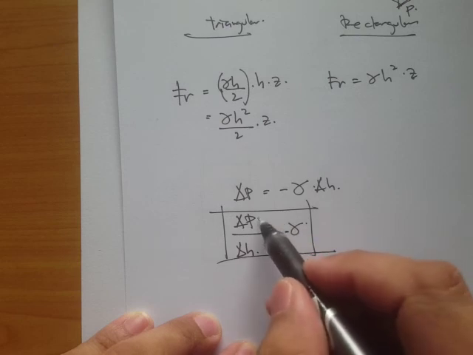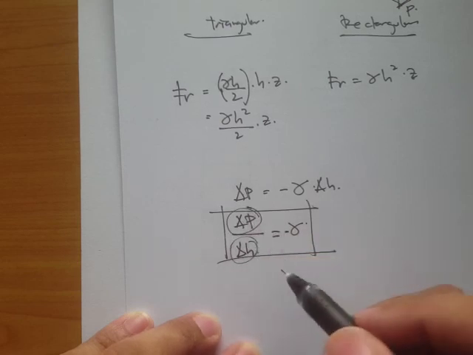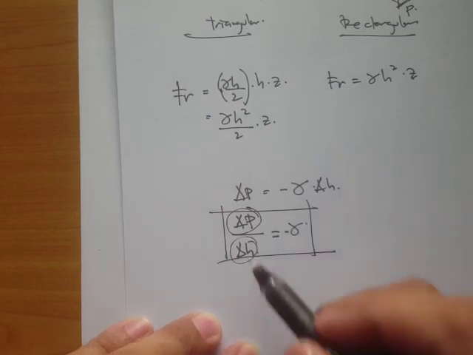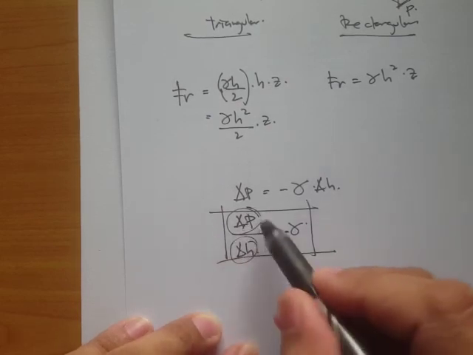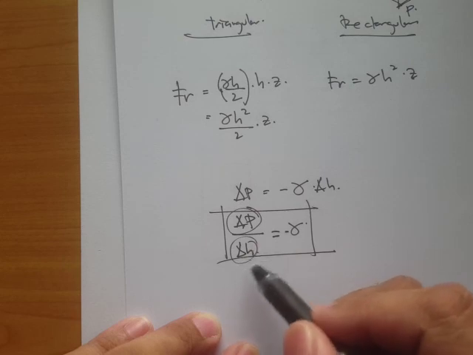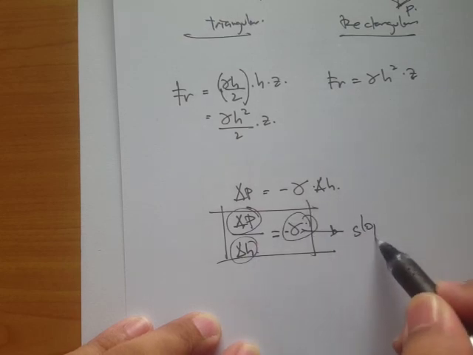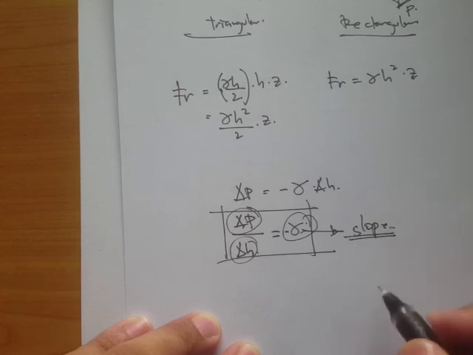Along the x and along the y, in terms of function, this is the dependent variable and this is the independent variable, and this one is the slope. Okay, slope of the line.